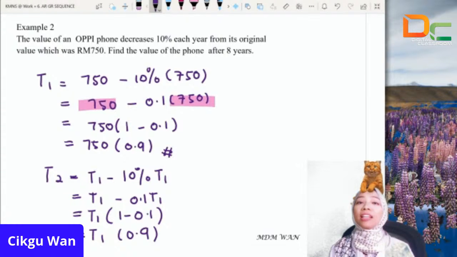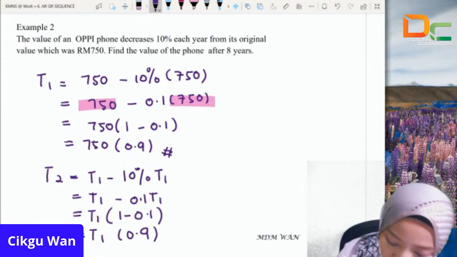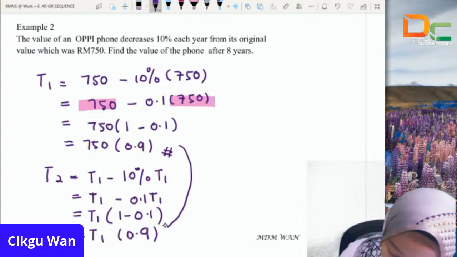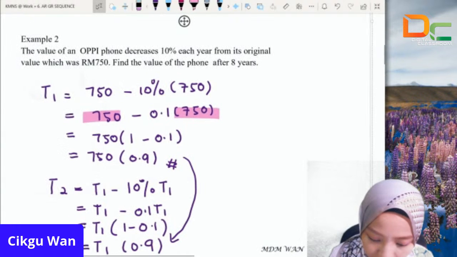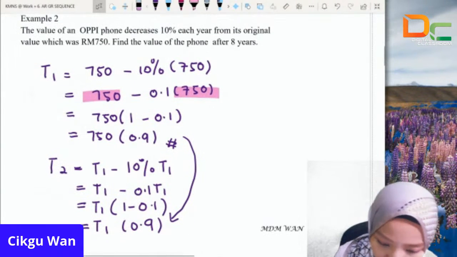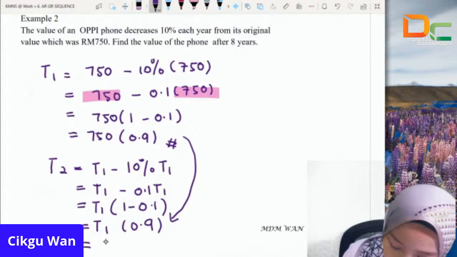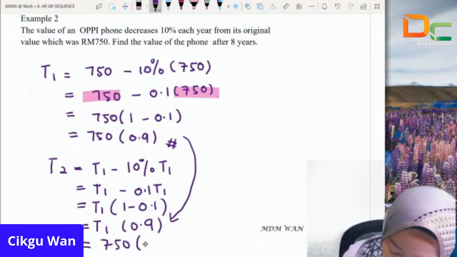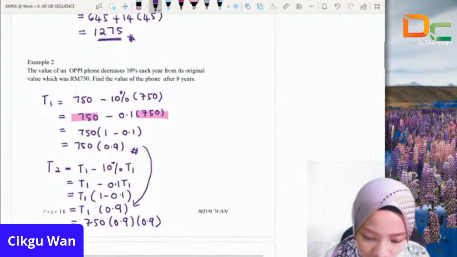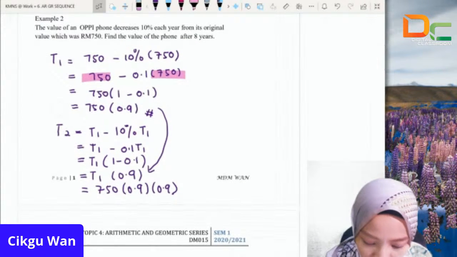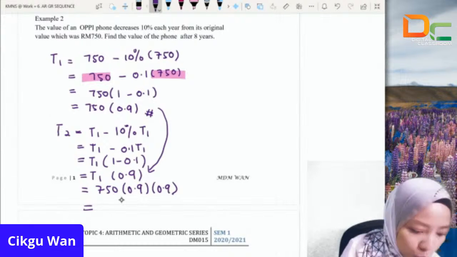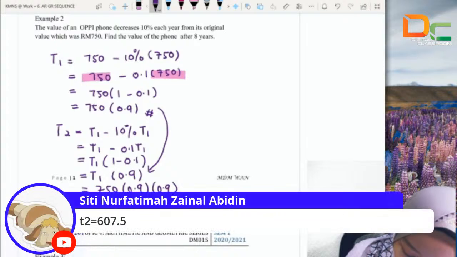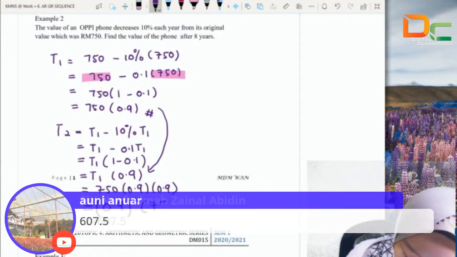Okay, now I am going to substitute T1 again. So our T1 here, we will substitute over here, okay? So it becomes 0.9 to the power of 2 times 750.